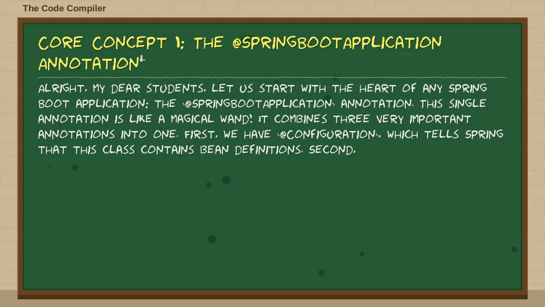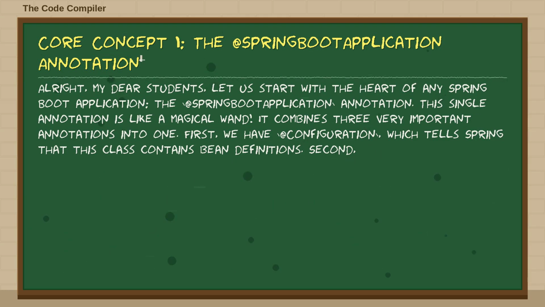For example, if you have Spring Boot Starter Web in your project, it will automatically configure Tomcat and Spring Model View Controller. And third, @ComponentScan, which tells Spring to scan for other components, configurations, and services in your package.